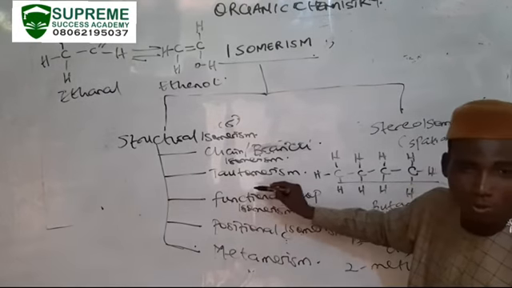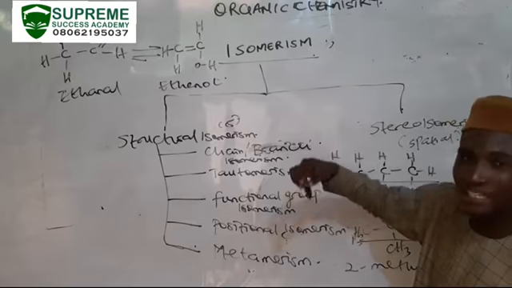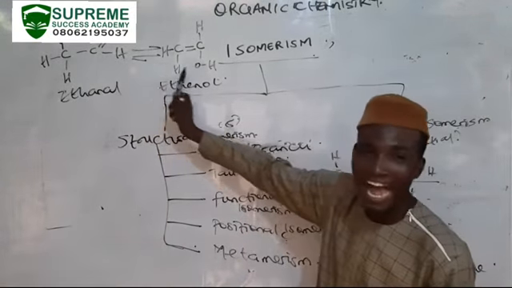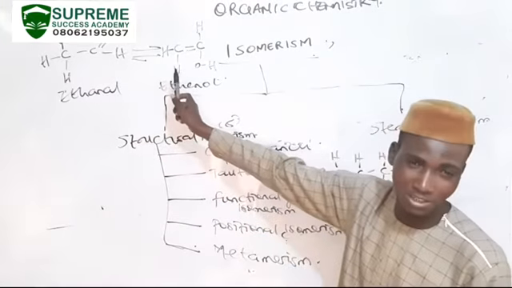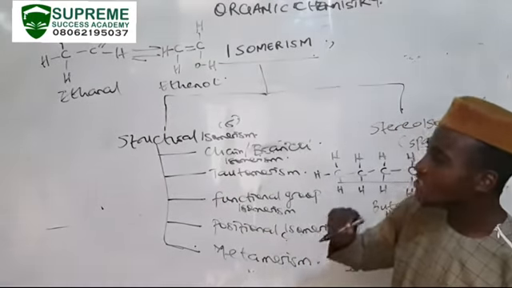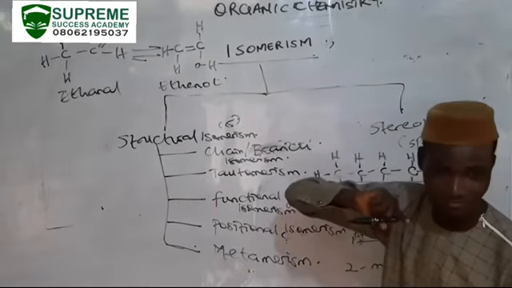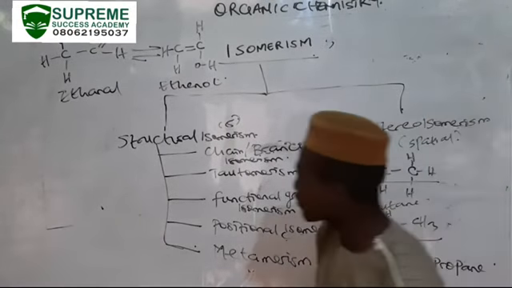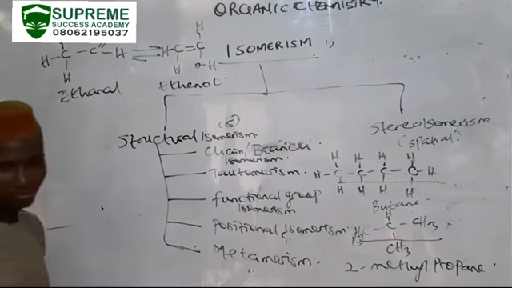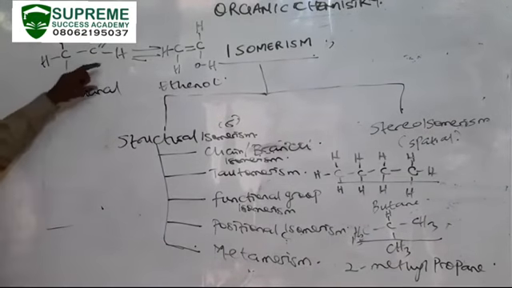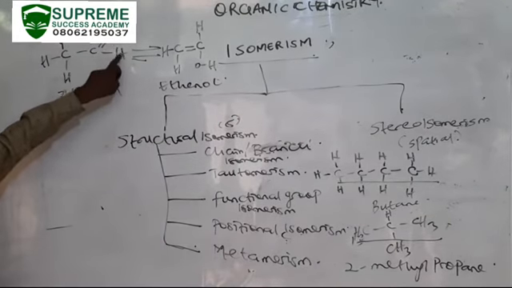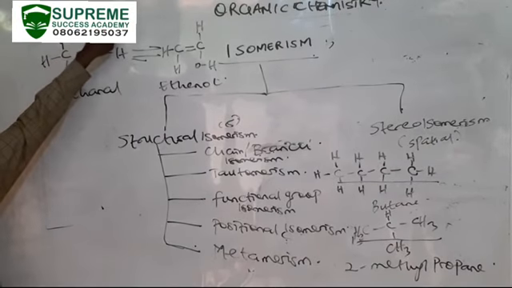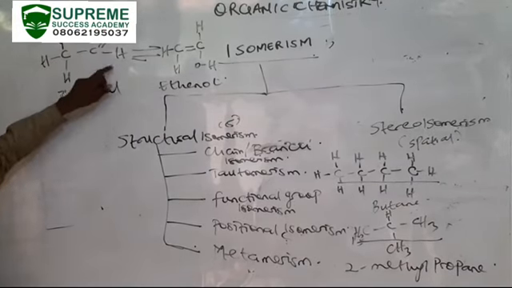is referred to as tautomerism. So tautomerism is a phenomenon whereby two compounds exist in dynamic equilibrium with each other as a result of a simultaneous shift. What do we mean by simultaneous shift? In a proton and a double bond. If we can look at this, this is hydrogen. There has been a shift of this hydrogen to this place.